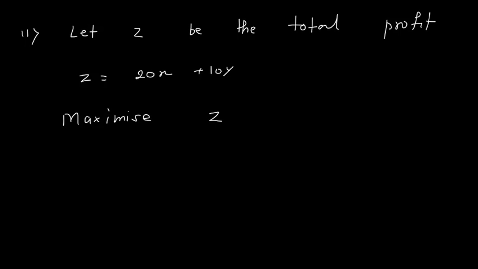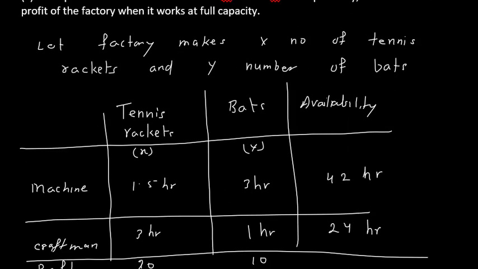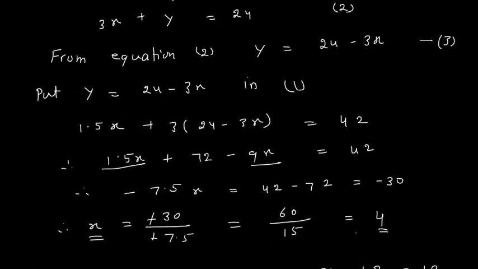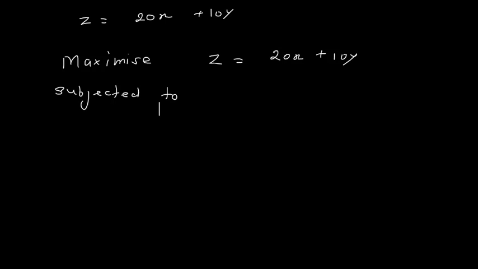Now we have to maximize Z equal to 20x plus 10y, subject to a few conditions. What are the conditions? The first condition is 1.5x plus 3y should be less than or equal to 42.